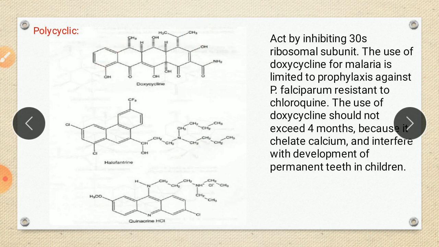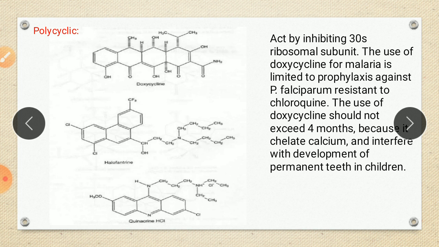It inhibits pathogenic protein synthesis by reversibly inhibiting the 30S ribosomal subunit. Bacterial and Plasmodium ribosomal subunits differ from the mammalian ribosome such that this group of antibiotics does not rapidly bind to the mammalian ribosome and therefore shows good selective toxicity.